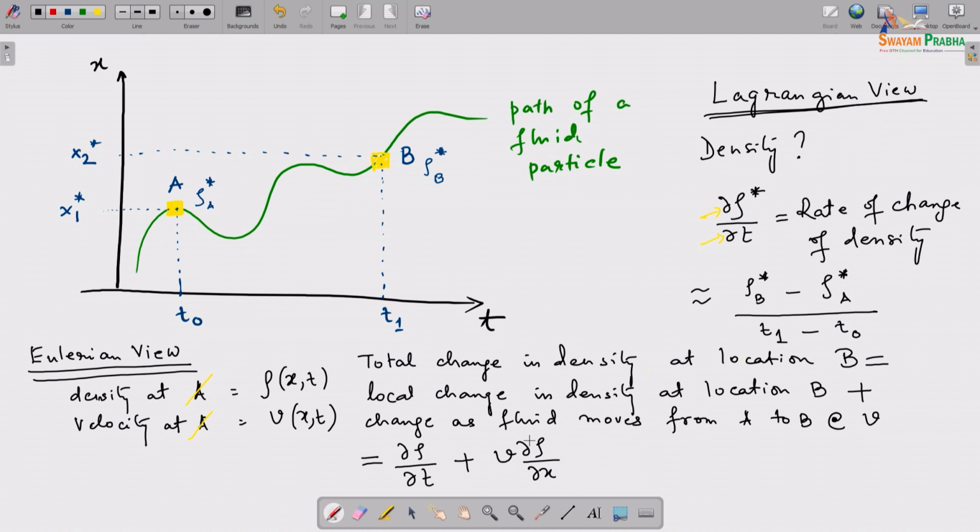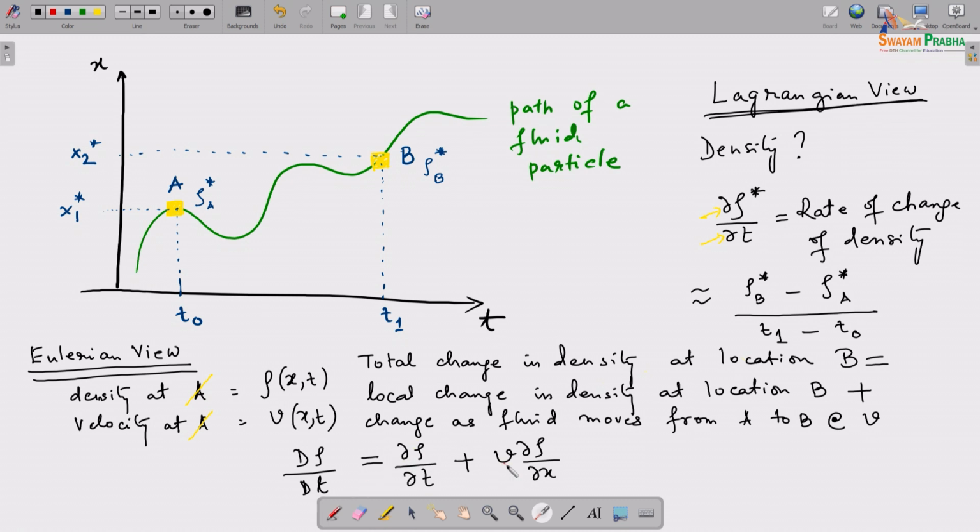At this rate, because this is the rate at which it is travelling. Now, this is essentially the total change, we spoke about this, and this is what we write as the material derivative, right. So what we are essentially looking at now is the change in a physical property, in this case being density, in Eulerian view, in Lagrangian view, and what sort of derivatives are we looking at, right.